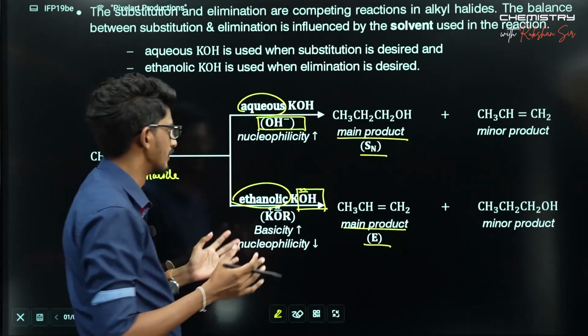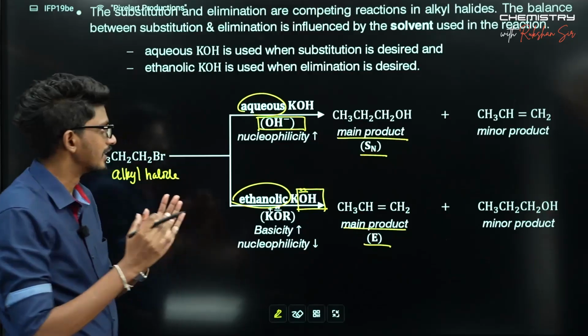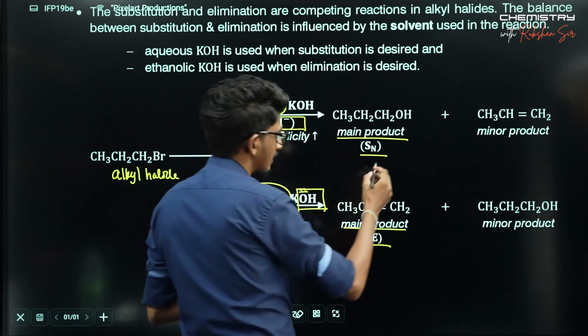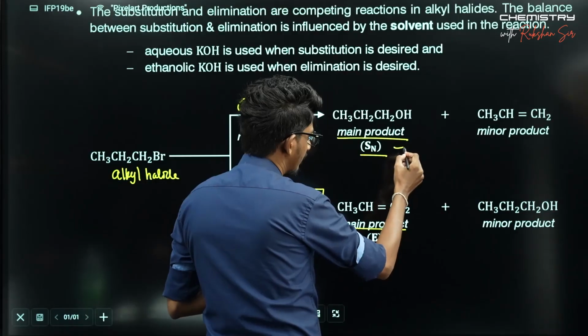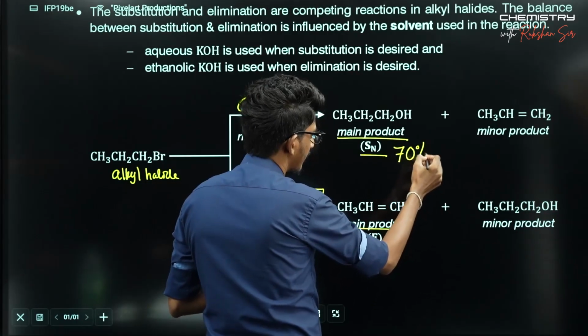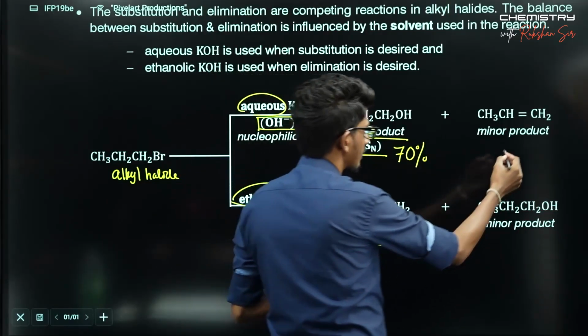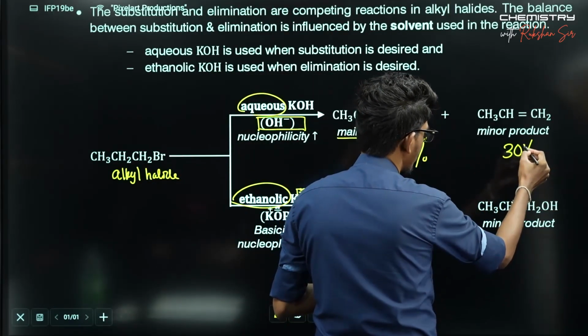So if you are to add aqueous KOH to this alkyl halide, you would observe 70% of the alcohol, which is the nucleophilic substitution product, and 30% of the alkene, which is the elimination product.